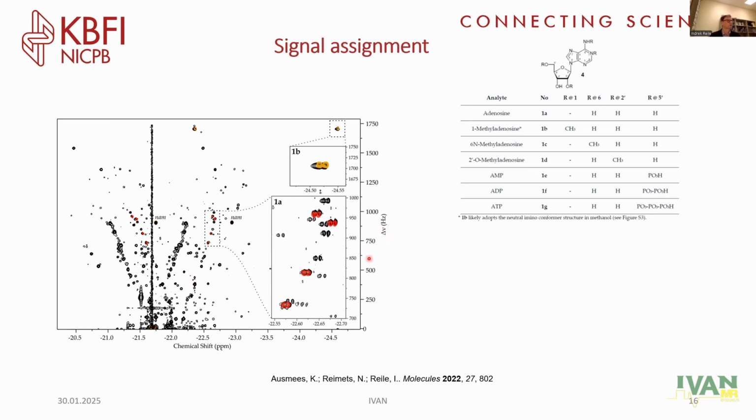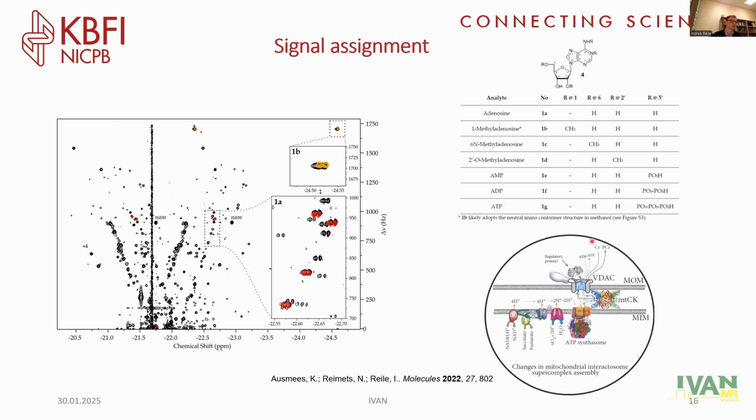But of course, we were not at this stage interested in adenosine that much. What we were really interested in was a collaboration with a cancer research group who wanted to study, in very limited sample amounts, the AMP, ADP, and ATP, the energy metabolites.